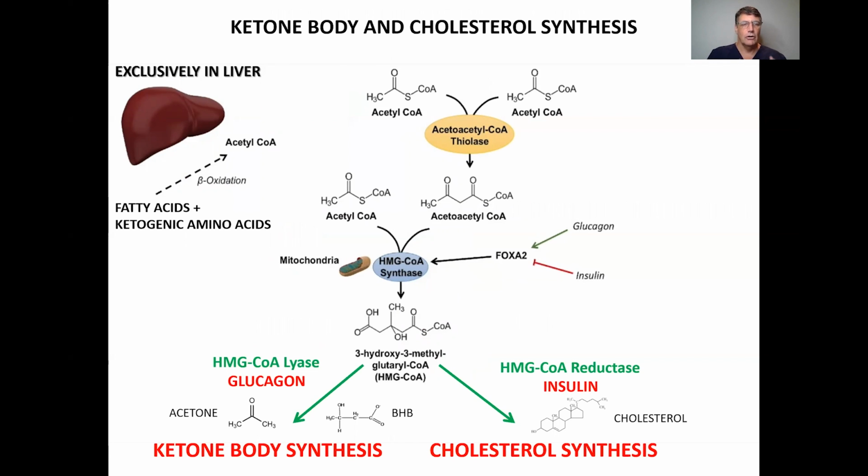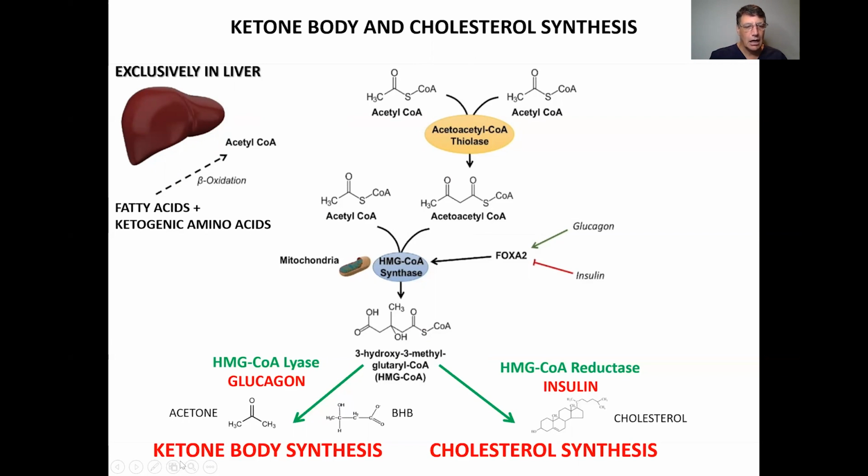Remember, the cells of the human body preferentially use ketone bodies, not glucose, as their primary fuel source. So under these conditions, the liver can use fatty acids and, as a backup, certain ketogenic amino acids or protein through a process called beta oxidation, where, if you go through all the biochemistry over here, really what the liver is doing is converting acetyl-CoA to two things.